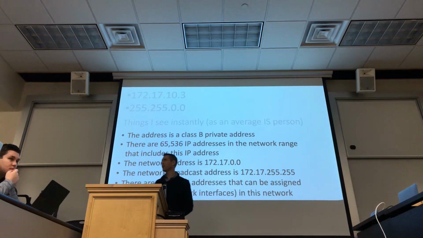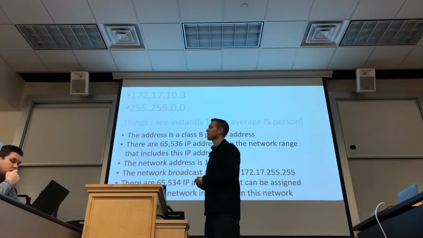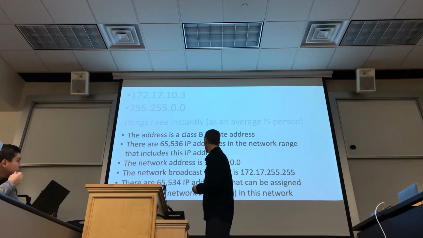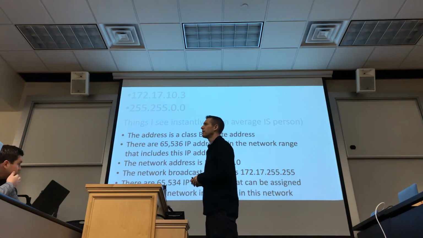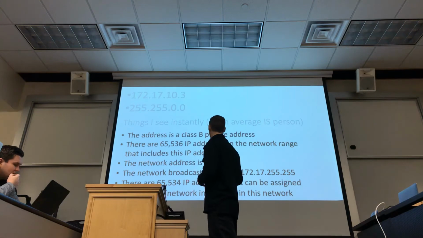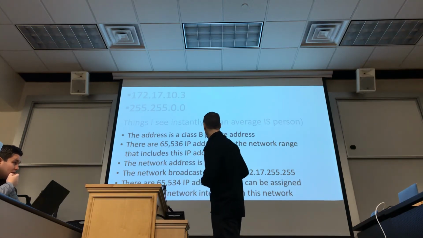Okay, more hands. Let's go with Lindsay. When you said the network addresses and then the network broadcast addresses, do you always have just 0 and then 255, or 76? Oh, yeah, sorry, I forgot to read that bullet point. I know it's 255.